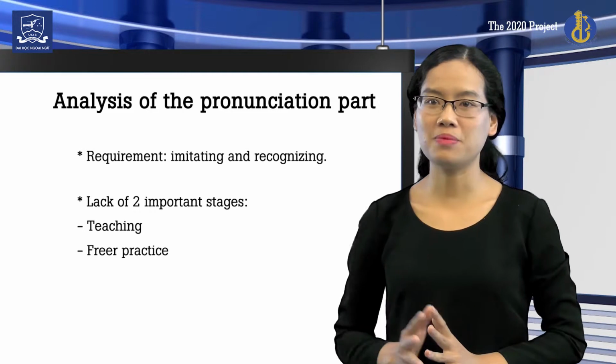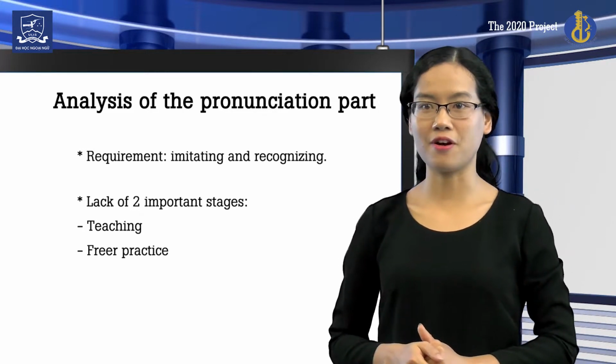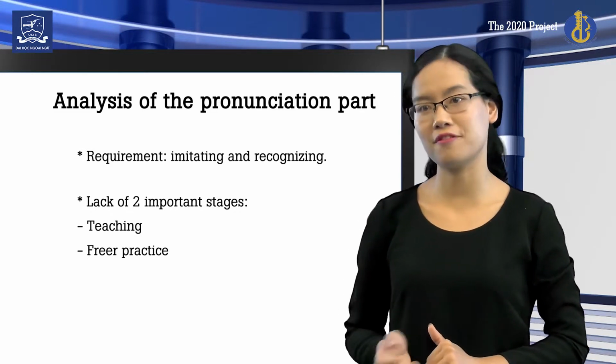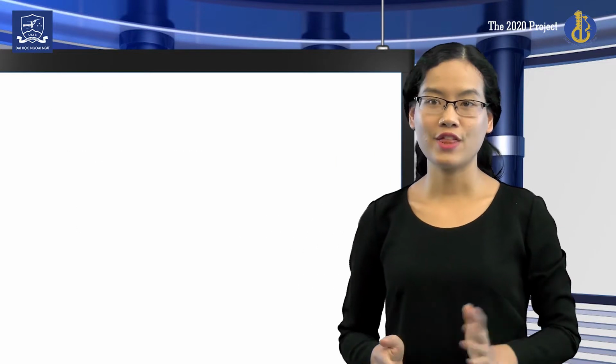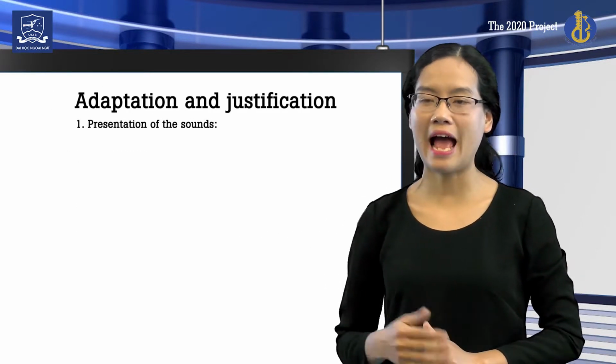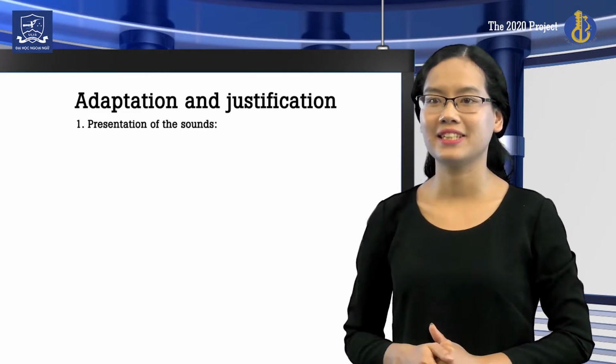In addition, there should also be a freer practice activity at the end of the lesson to help students produce the sounds in a real-life context. Therefore, in lesson planning, teachers should consider how to instruct students to produce the sounds correctly.